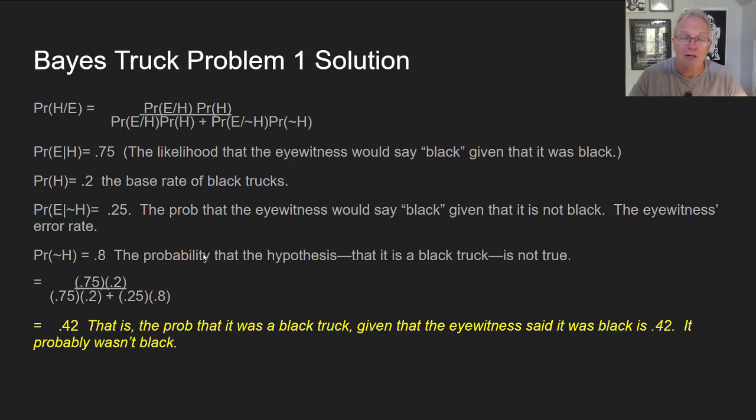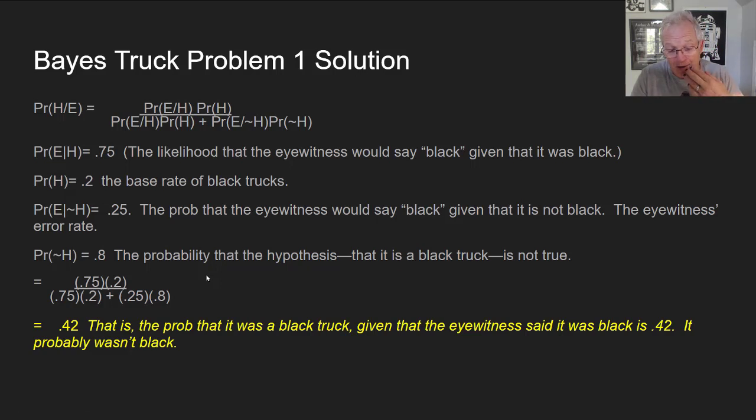So her observation has now been folded into the base rate, and it's upgraded our information. So now we think that there's a probability of 0.42 that it actually was a black truck, given that she said it was. And another way of saying that is to say it probably wasn't black. It's a higher probability than 20%, which is our initial estimation.